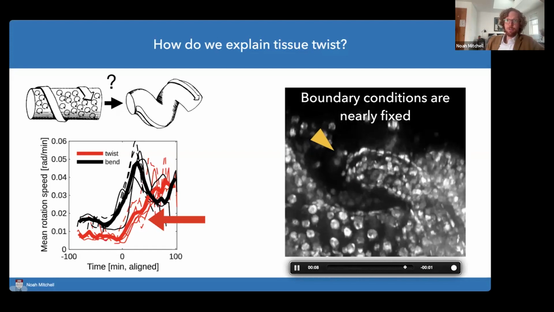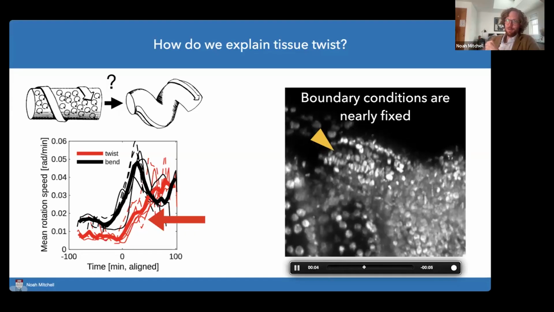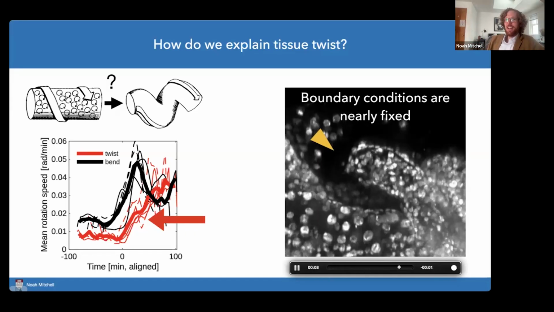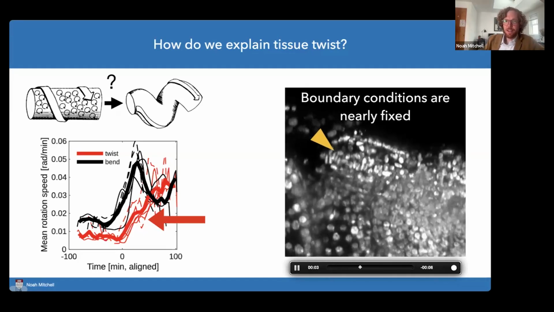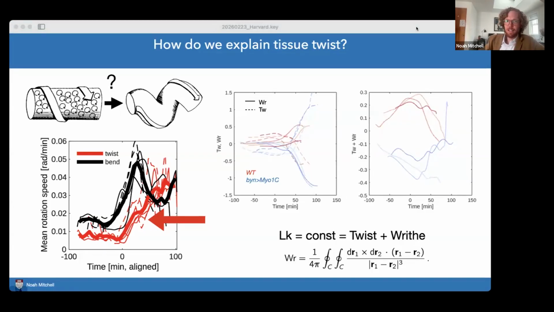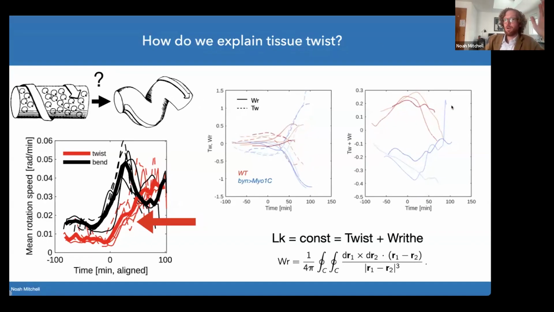And the amount of twisting and writhing, which sum to linking for those of you like Maha who know these things well, is almost flat in this tissue. I think I even have Nico quantified this for us. And there's a lot on this slide, I know. But the point is that the twist plus the writhe is on the very right, with wild type in red, and this myosin 1C overexpression in blue.